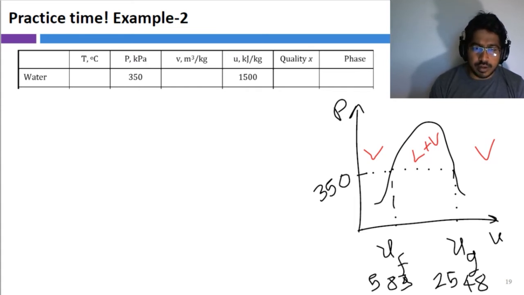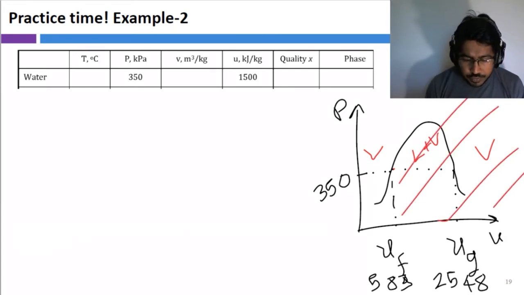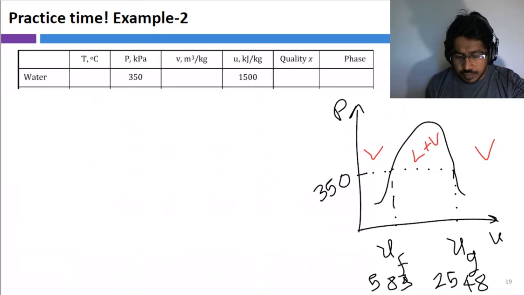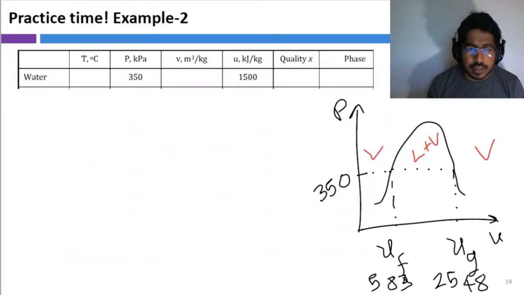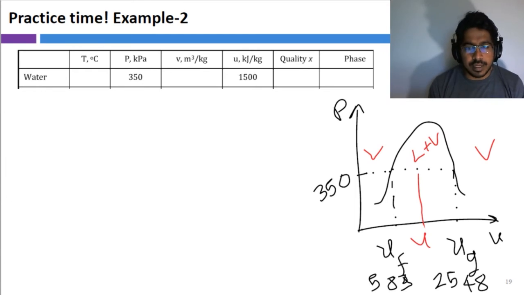Our UF value is 583, and our internal energy value is higher than our UF, so it is definitely somewhere in this range, right? And then we compare it with our UG value, which is around 2500 and higher than our value. So definitely our U value is going to be somewhere here, right?